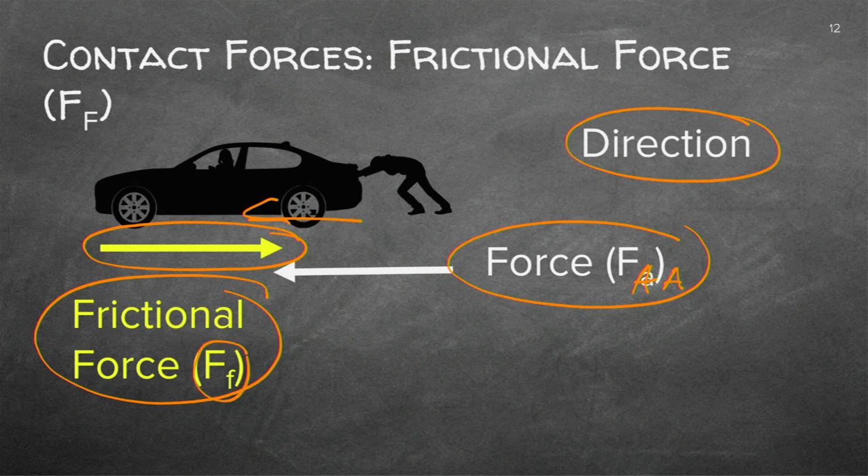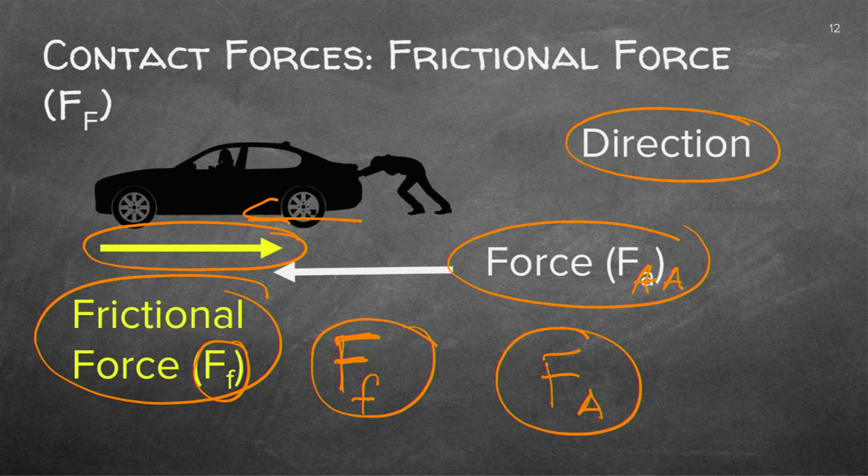This is friction. Now, again, I've got the small f resembling friction. Remember what we said? And the capital F, which means it's a force. So in this, we'll have the applied force being in the opposite direction to the frictional force.